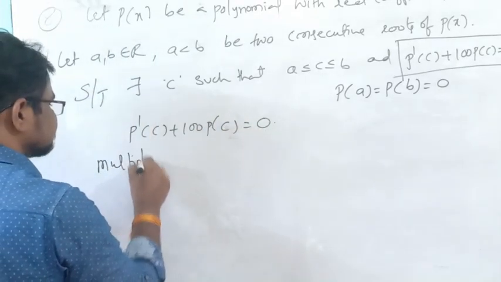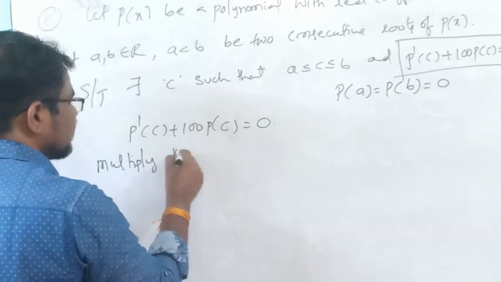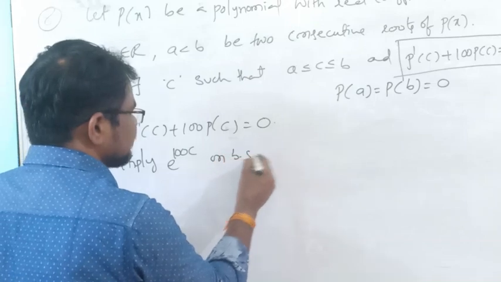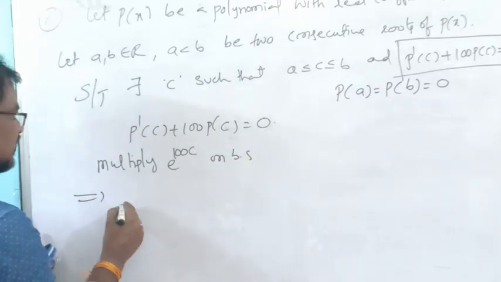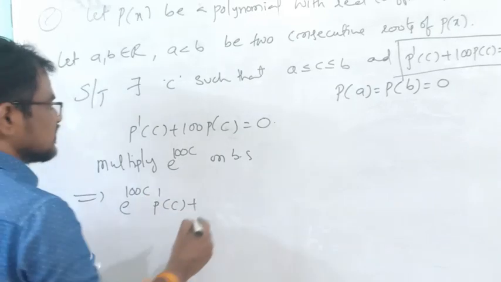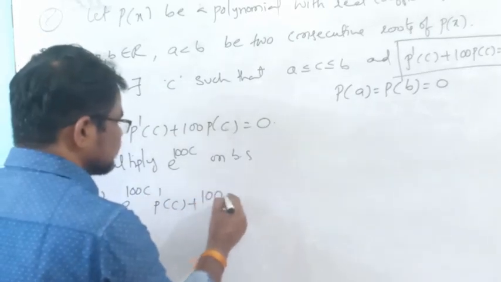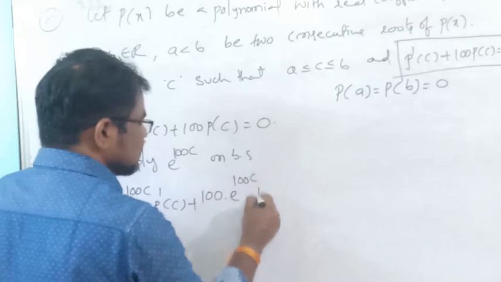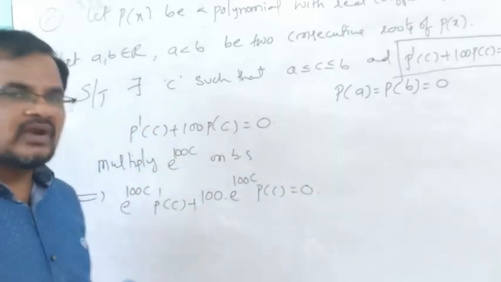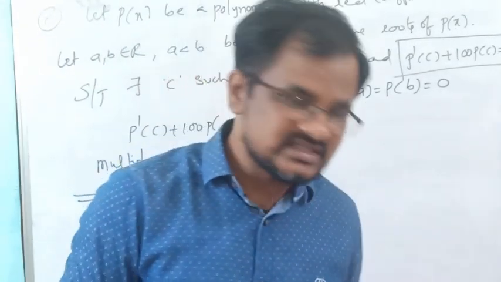Multiply e power 100c on both the sides. So that implies e power 100c p dash of c plus 100 into e power 100c p of c equal to 0. Why are you multiplying by e power 100c only?